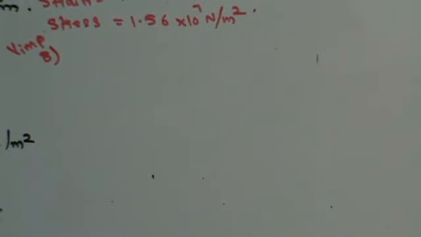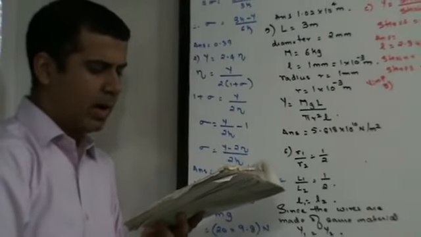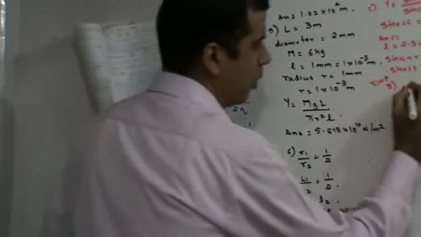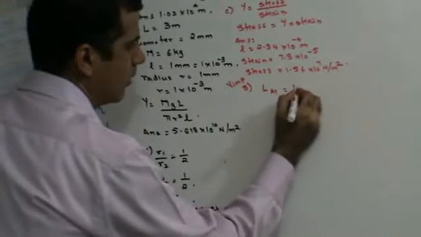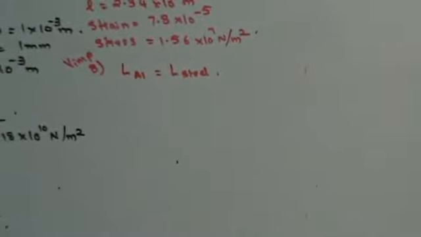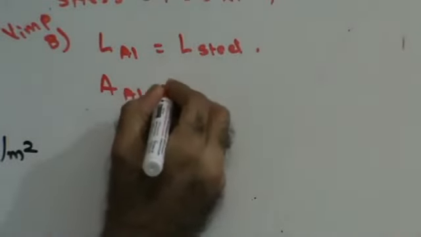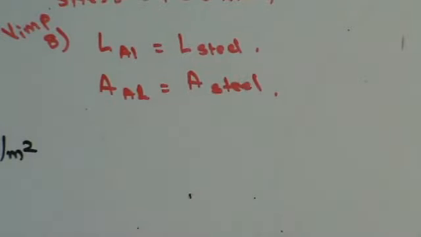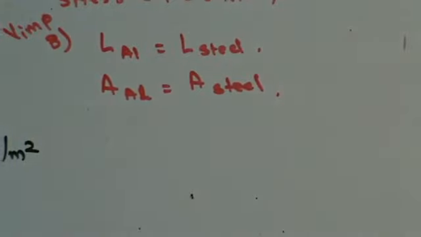An aluminium wire and a steel wire of the same length and cross-sectional area are joined end to end.